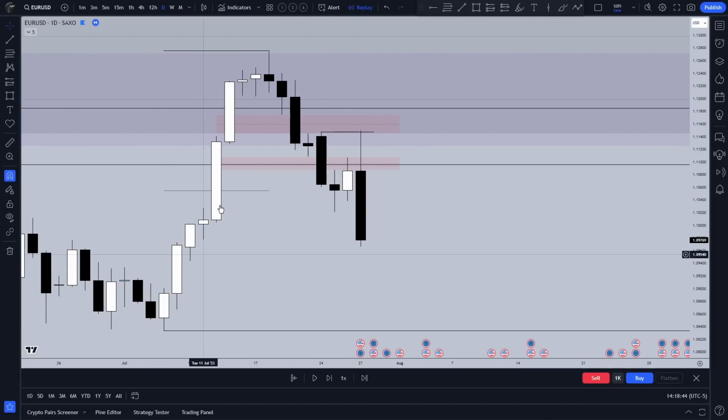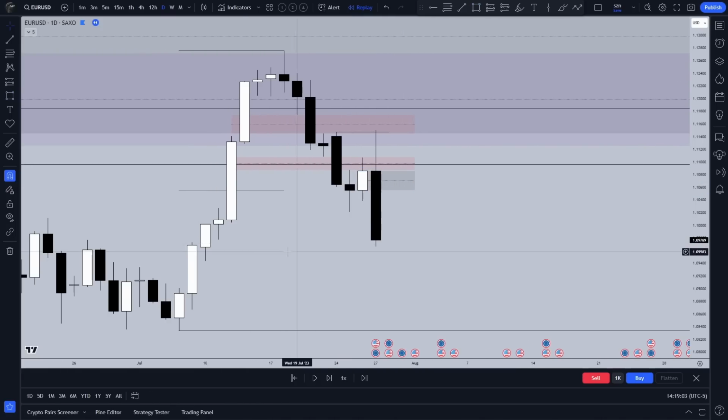So now again, do we have any new PD areas? If we take a look at this up close candle, we have taken liquidity, we have closed below a recent swing low, so we have another high probability daily order block here. And again, we have PD area alignment here.